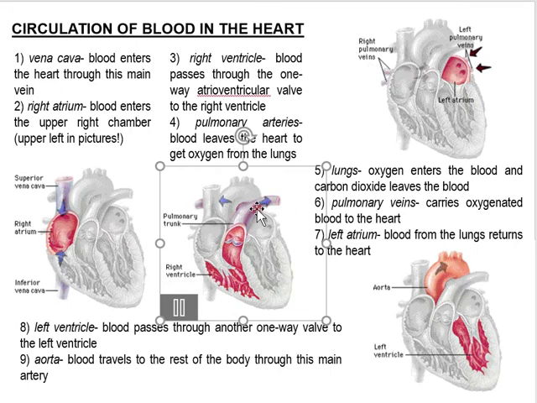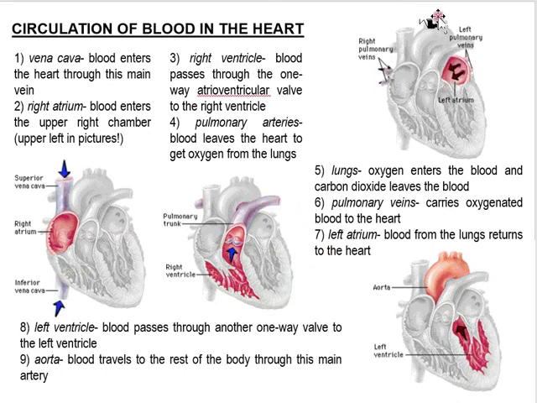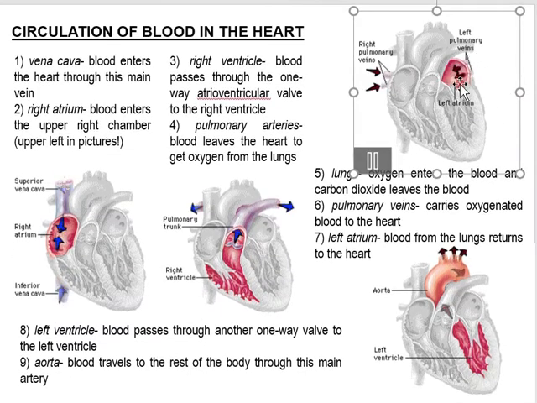and from the ventricle the blood passes through the pulmonary arteries to be carried to the lungs, where the blood gets oxygenated. After the blood is oxygenated, it comes back through the pulmonary veins into the left atrium, and from the left atrium the blood enters into the left ventricle.